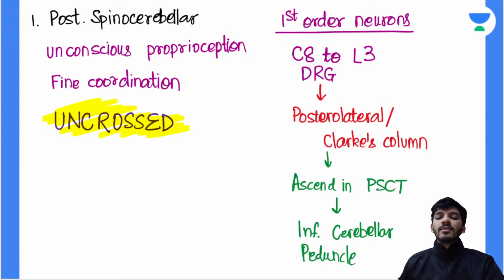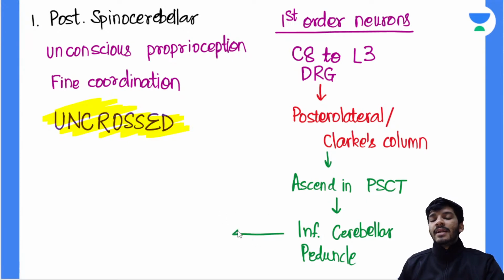There are 3 peduncles: superior, middle, and inferior. So it is going to enter through the inferior cerebellar peduncle, and they will go to the vermis as mossy fibers.